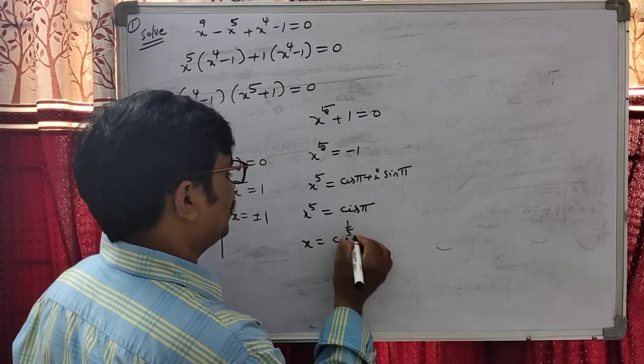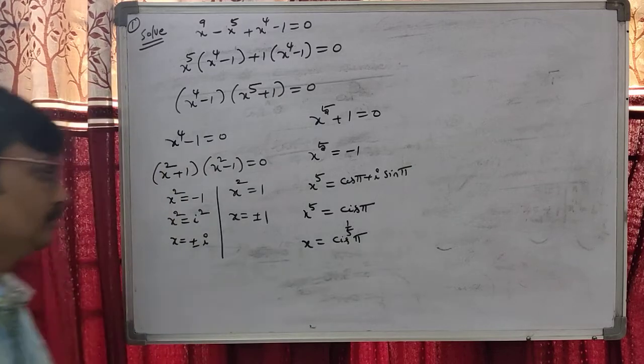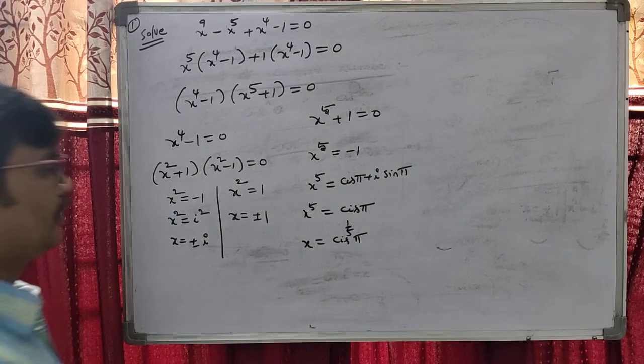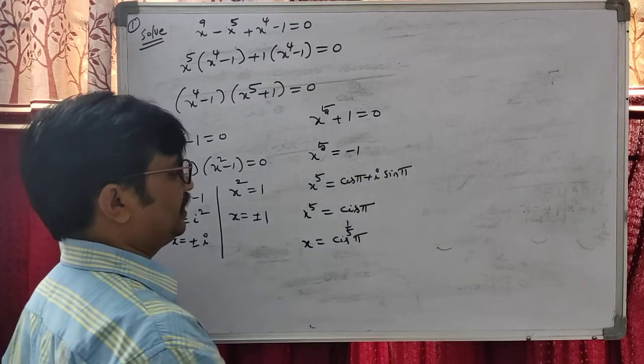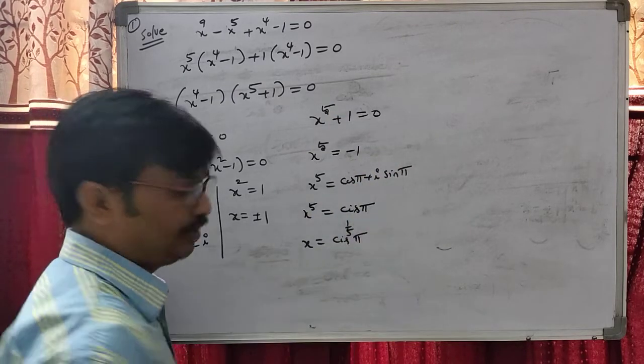Cis of 1 by 5 into pi. Okay students, how can you write this? First you can write minus 1 as cos pi plus i sin pi, the whole power 1 by 5.